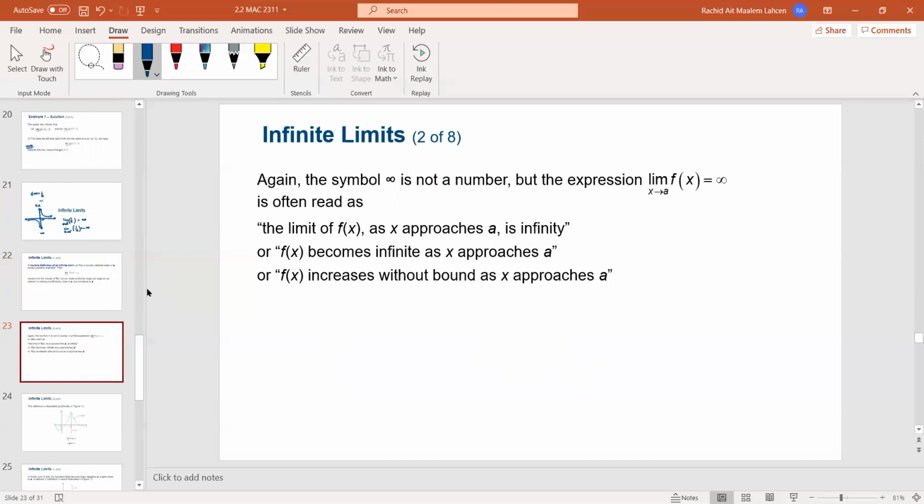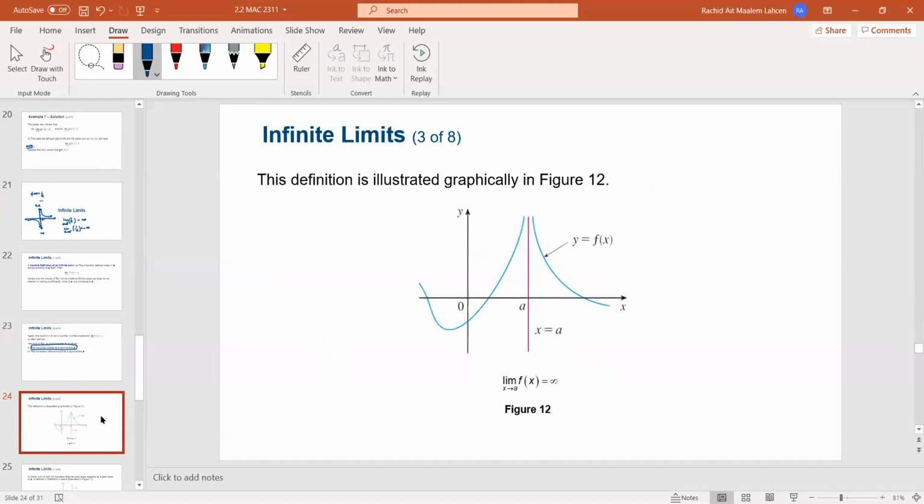And the limit of f of x as x approaches a is infinity. That's the way you say it. Or another way is f of x becomes infinite as x approaches a.